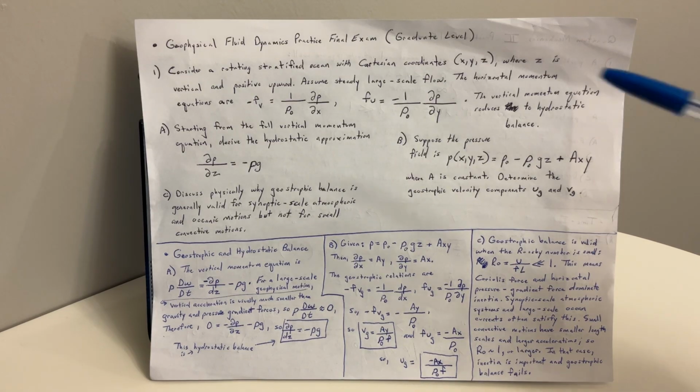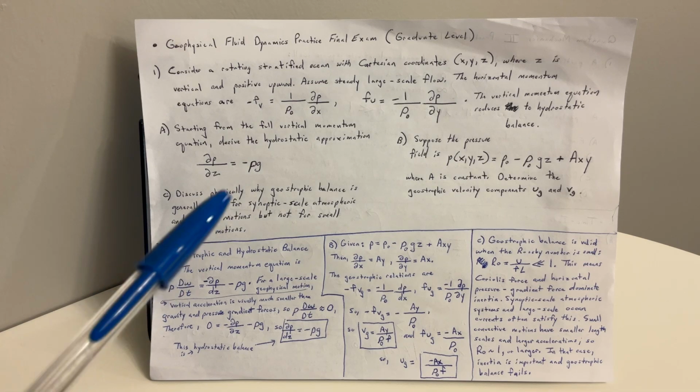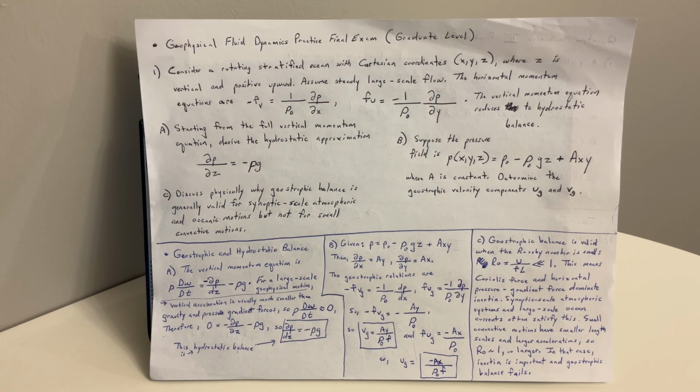So taking this into consideration for letter A, starting from the full vertical momentum equation, derive the hydrostatic approximation, partial dp dz equals negative rho g.